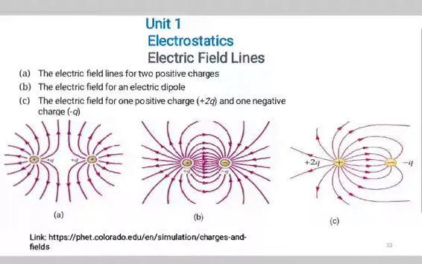In the first figure, the two positive charges are given. The second diagram shows the electric field lines for the electric dipole, and the third diagram shows the electric field for one positive charge and one negative charge.